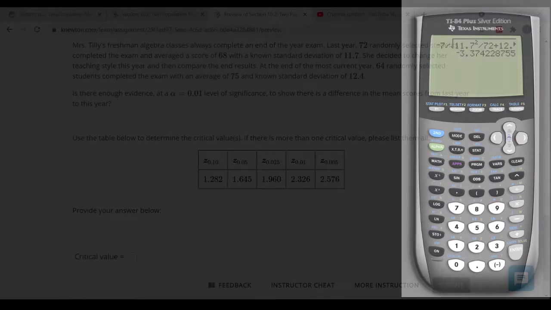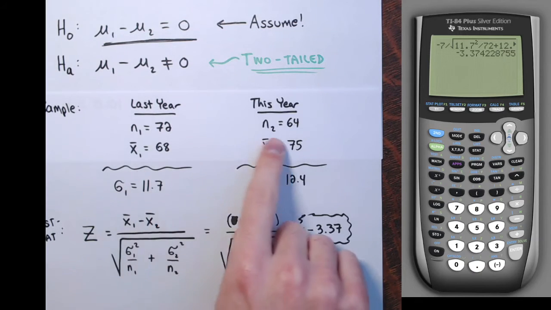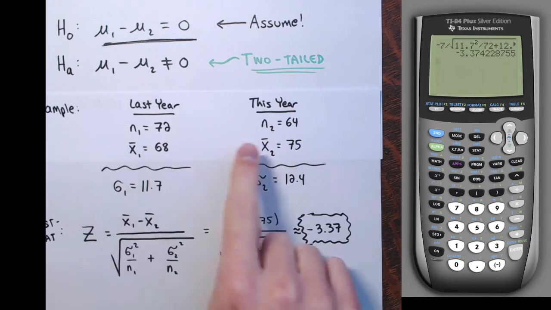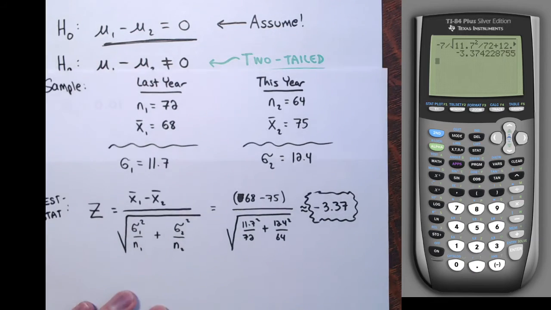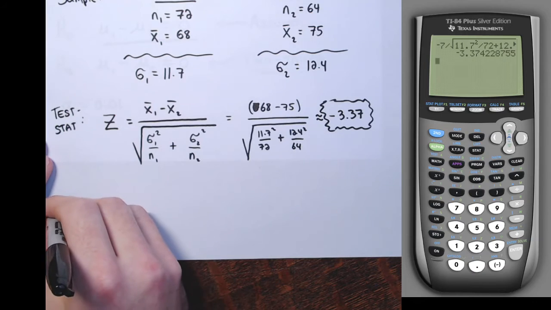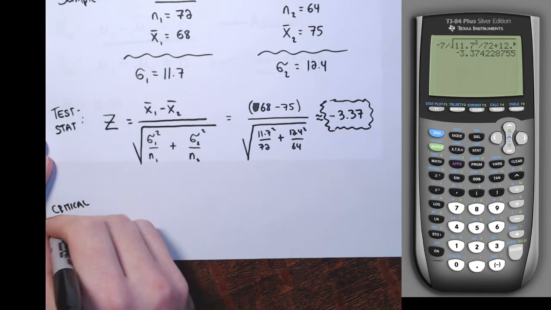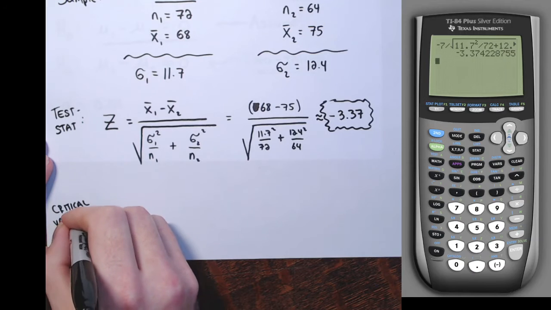But let's go back to my paper. So I've calculated the test statistic, which I'm sure they're going to ask us to do in a second. But for our sample means, the difference in our sample means, the z-score was negative 3.37. And now we get into the critical values and rejection regions. Right? Let's say critical values.